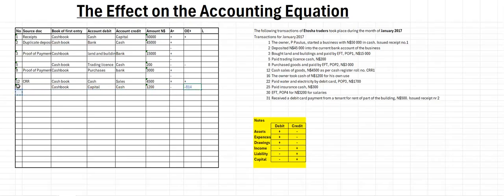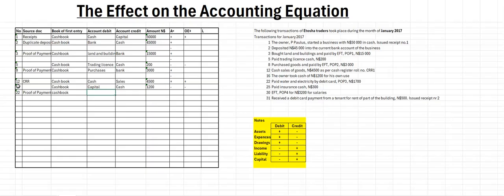Okay, on the 22nd, sorry about that. On the 22nd, we have paid water and electricity bill, so we know there's a proof of payment used. Cash book is our book of entry. Then account to be debited would be, remember our money is decreasing because we are paying water and electricity.